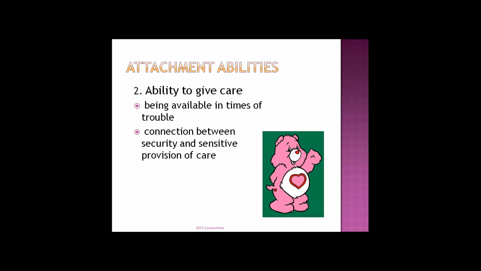The second point there is that there is a connection between a sense of security and providing a sensitive provision of care. And what I mean by that, the security I'm talking about are two things. First of all, you develop a sense of security through open communication and feeling understood. So when that has been developed in your relationship, there's security in the relationship that you can give care.